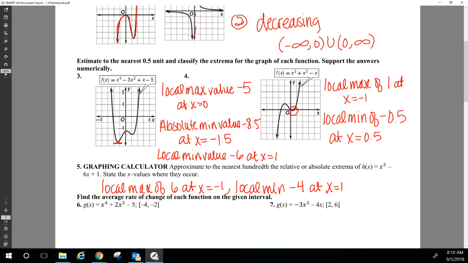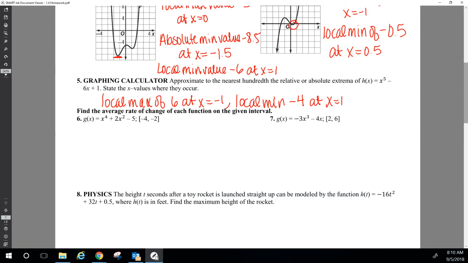All right. Number 6 asks us to find the average rate of change of each function on the given interval. So we want to find f of our second x value minus f of our first x value, over my second x value minus my first x value. In order to do this, I need to figure out what is f of -2.